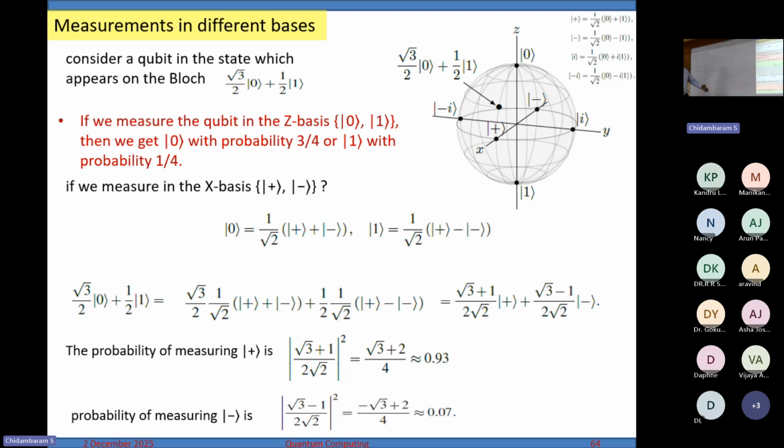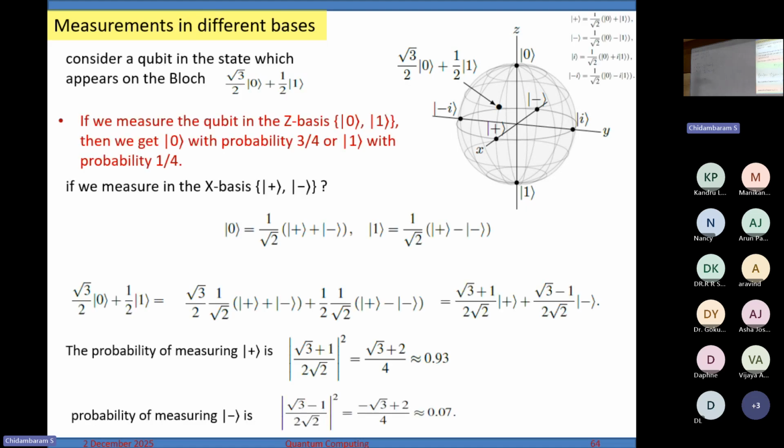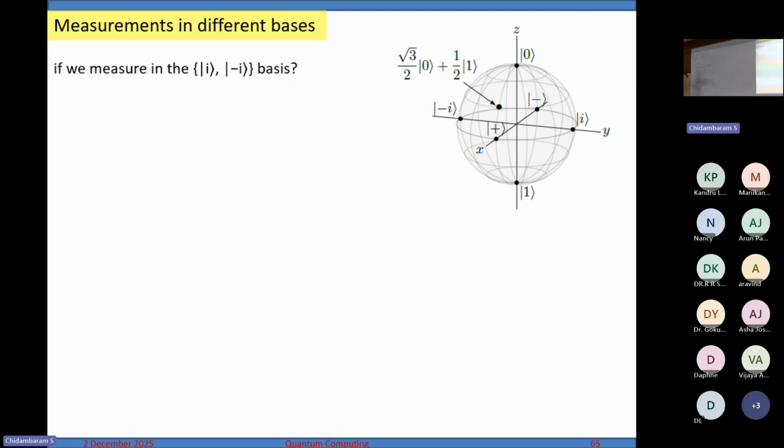Okay, the same thing applies for Y basis. So root 3 by 2 ket 0, 1 by 2 ket 1, same as what we have said with X basis, with Z basis, now with Y basis. What is ket 0 and ket 1 in Y basis? Ket 0 is 1 by root 2 ket i plus ket minus i.